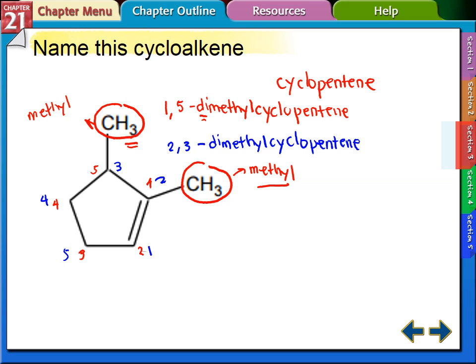So the 2 and 3 here mean that on carbon 2, we can find our first methyl substituent, and on carbon 3, we can find our second methyl substituent.